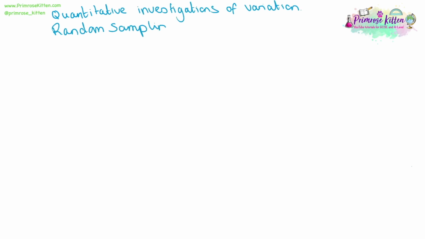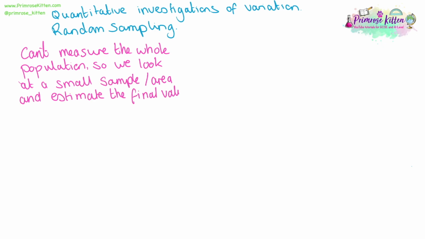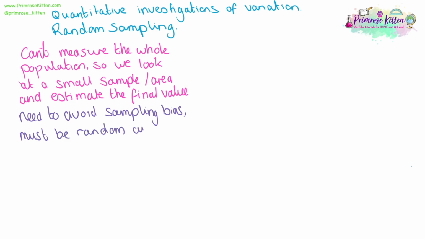It is likely that you will need to do some quantitative work with diversity. Random sampling is an important technique. It would be impossible for us to measure the whole population, so we look at a small sample and estimate to find the final value. It's important we avoid sampling bias, so it must be random areas or samples that are taken.